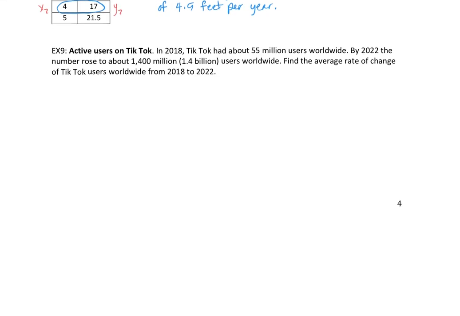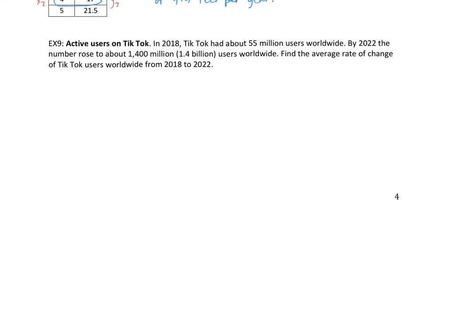In the last example in this section where we apply slope, there is no graph, there's no table, there's nothing. We just got words. So active users on TikTok. In 2018, TikTok had about 55 million users worldwide. By 2022, the number rose to about 1,400 million or 1.4 billion users worldwide.